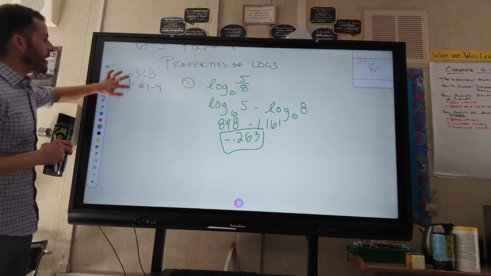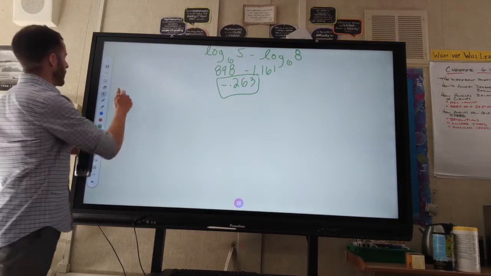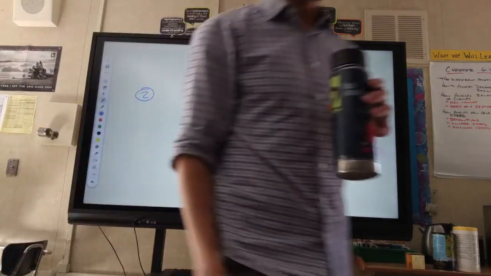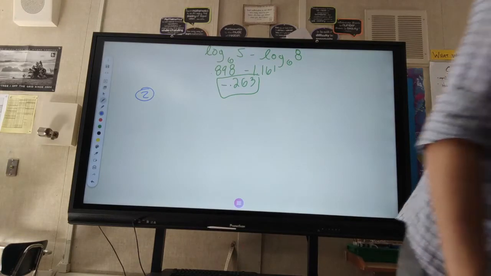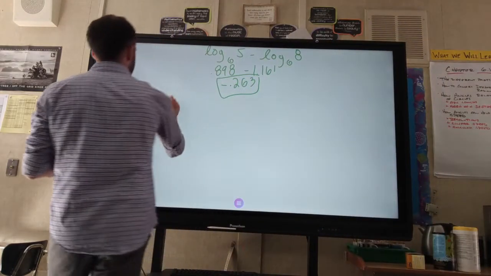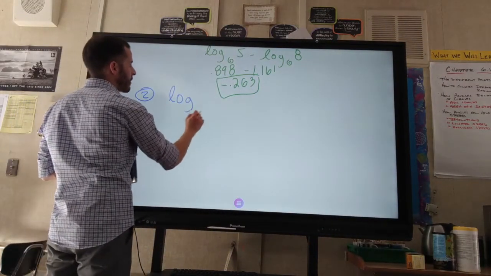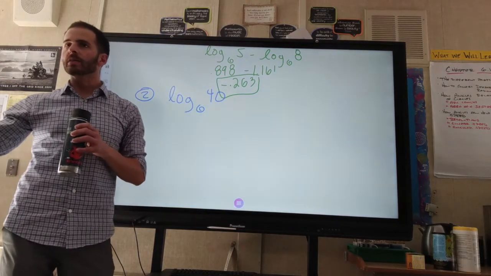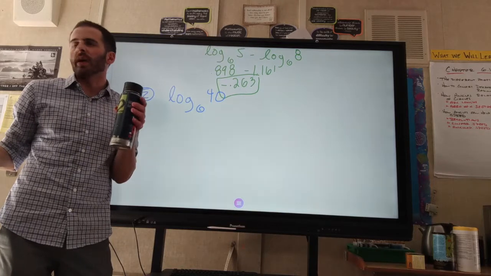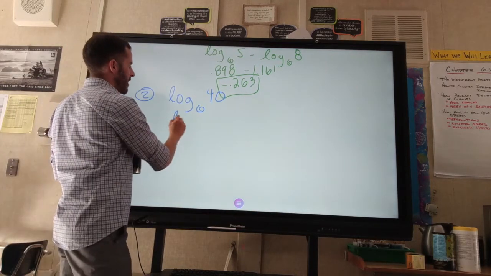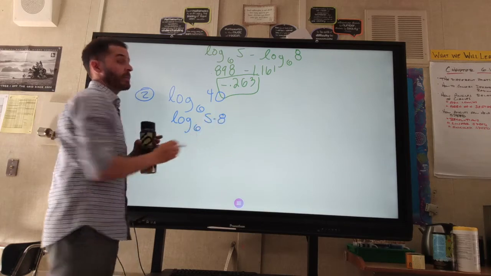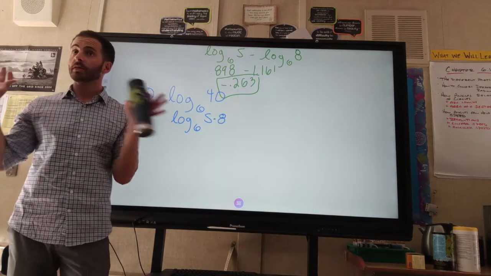So we're really trying to think of what rule is embedded in these questions. Number 2 is log base 6 of 40. But I'm only allowed to talk about it in terms of 5s and 8s. So what is 40? It's 5 times what? 5 times 8. So we have 5 times 8, and multiplication is?